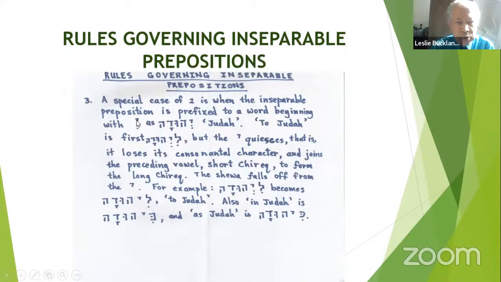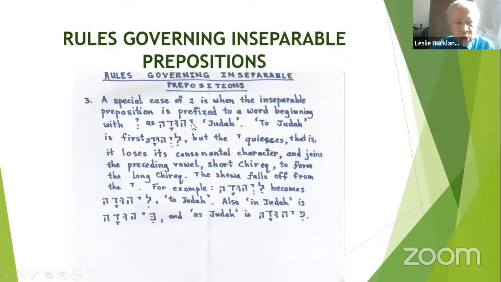Remember that yod is one of the letters in the Hebrew alphabet that under certain conditions becomes quiet so that it is not pronounced. And whatever vowel or whatever schwa might be under it also disappears. So here is a special case of number 2.